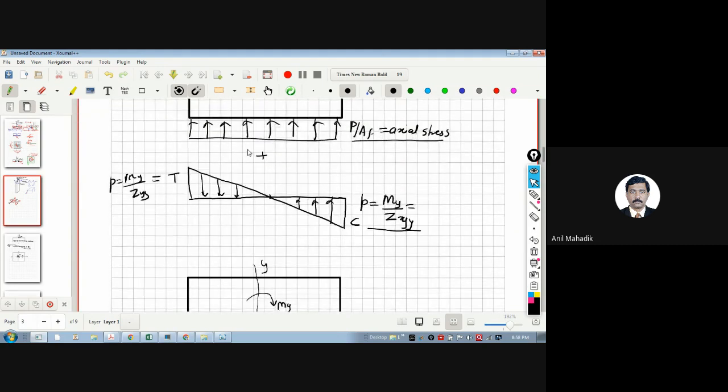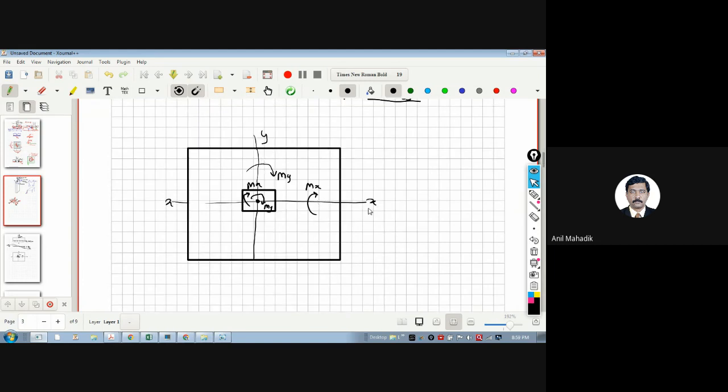So this is the first part, and all of you know that there is mx also. So in this direction also there will be pressure. So the pressure will be due to this moment mx, and this pressure is nothing but mx divided by zx.